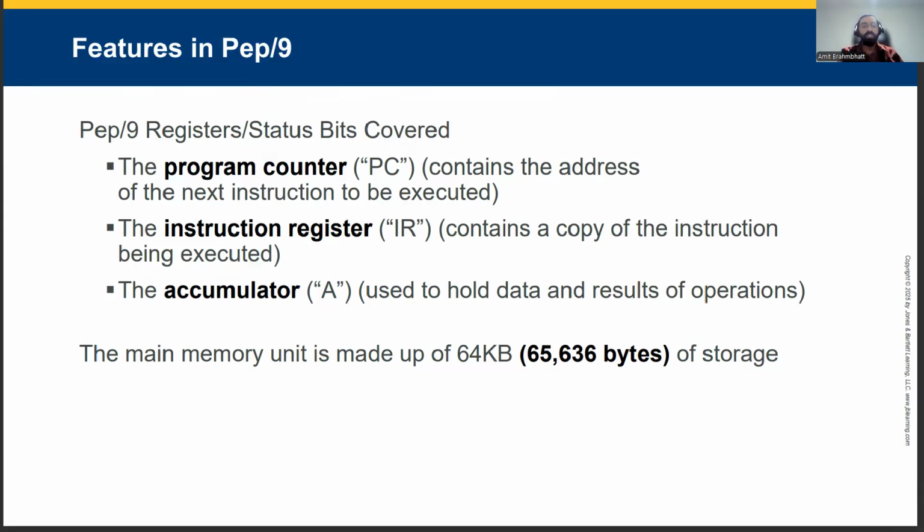PEP9 also features a large 64 KB memory which stores both instructions and data. Understanding these components is essential because every assembly language instruction interacts with these registers and memory in predictable ways. This slide sets the foundation for interpreting how programs run inside PEP9.